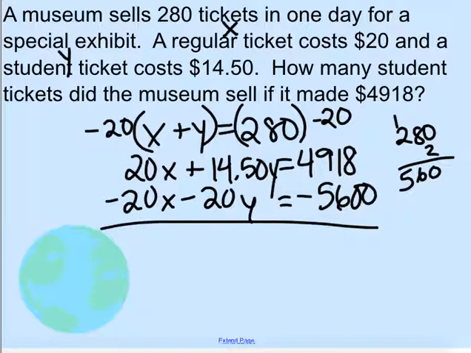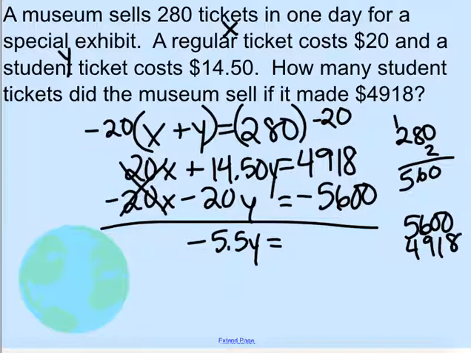So that when I add these up, my x's go away and I get negative 5.5y is equal to, well, what's the difference between 5,600 and 4,918? Okay, so we get negative 682, since that negative 5,600 is bigger.